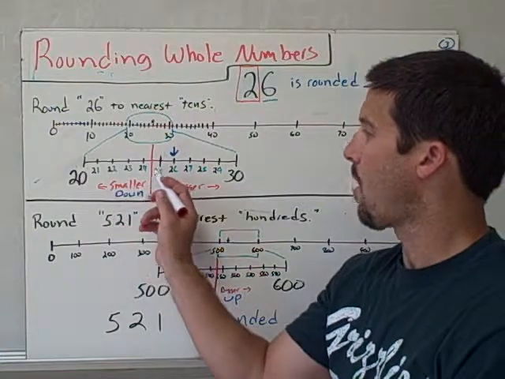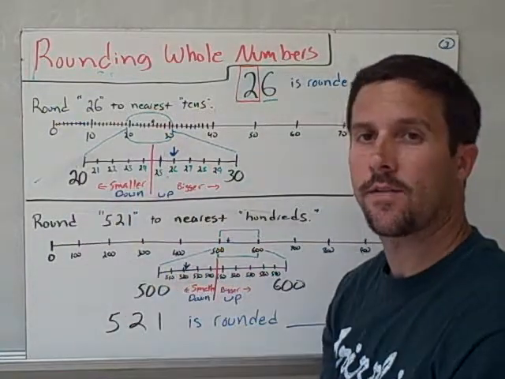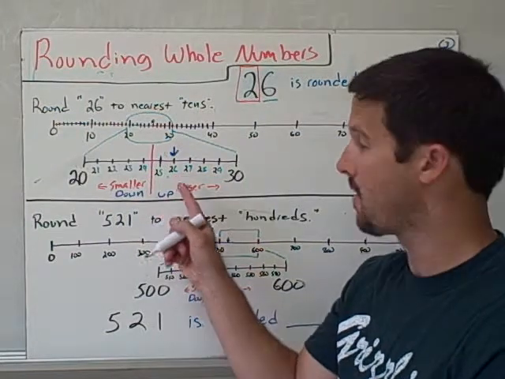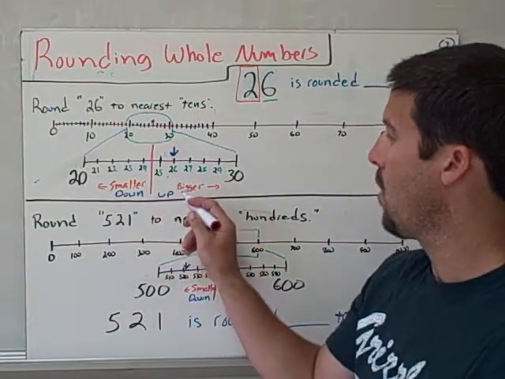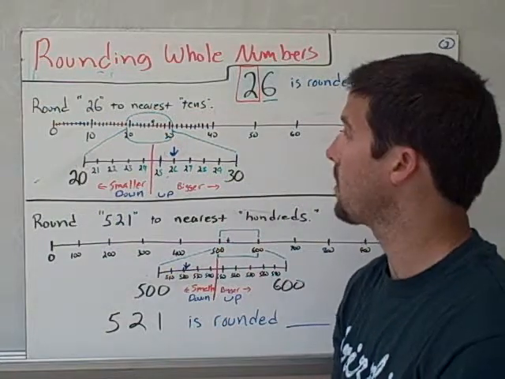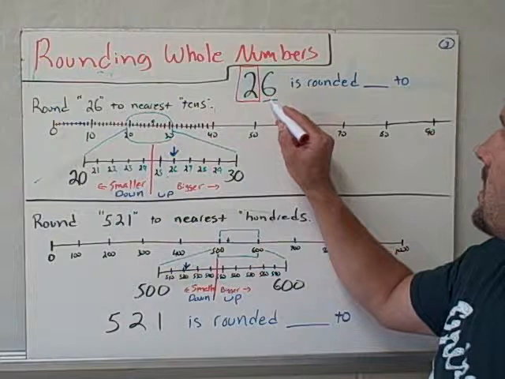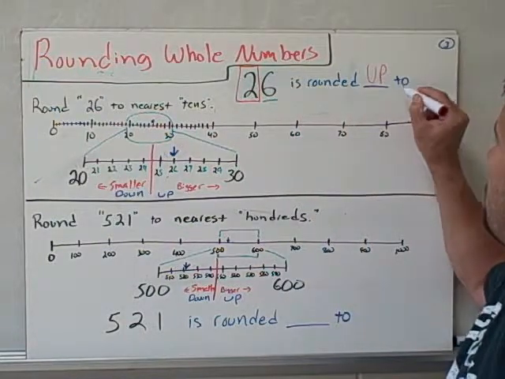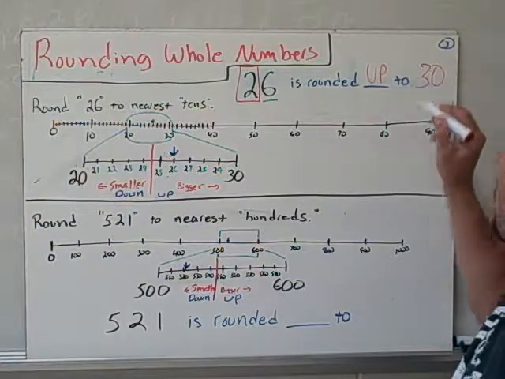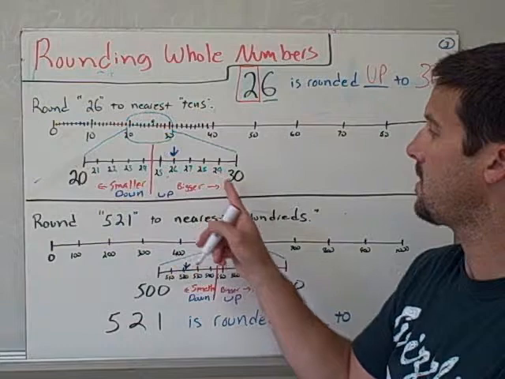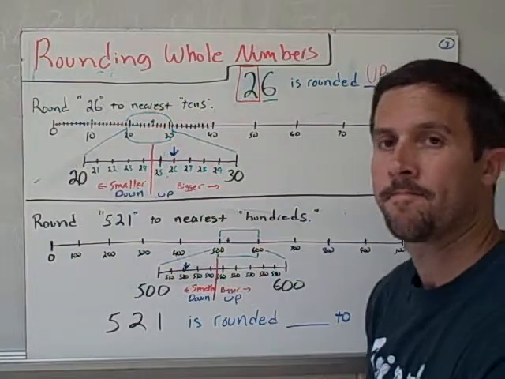So the smaller numbers are here. 26 doesn't fall in the smaller numbers. 26 does fall in the bigger number. So we round bigger, the new number will be 30. So 26 is rounded up to 30. Ones place, tens place. The nearest tens number is 30.